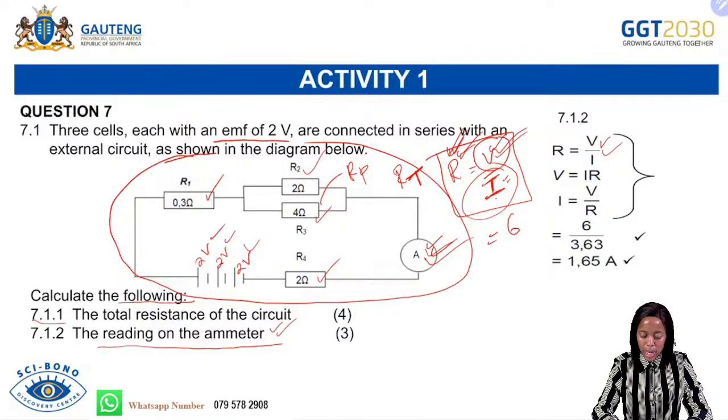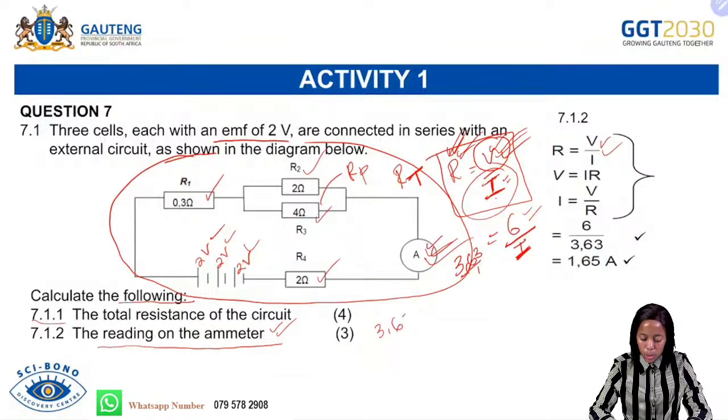So if you want to do a direct substitution, the potential difference will be represented by a 6 there. And the resistance, as we had calculated, was 3,63 there. And it would therefore mean that from there you would have to calculate your current.